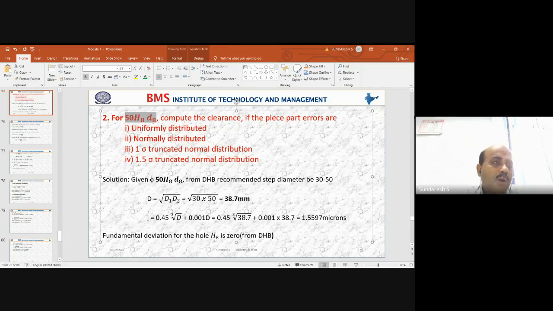Could you get my question? What is this 50 H8D8 indicates? I think you might have studied this in your engineering metrology when you were in the 4th semester or 3rd semester. This kind of representation you might have come across. Would you be able to recall?